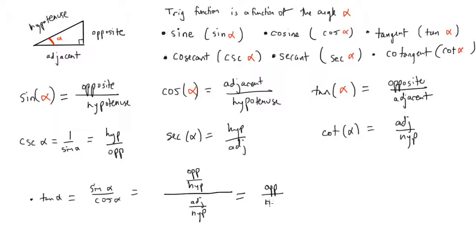So we flip the bottom one and multiply. And then you notice here that in the fraction we've got the hypotenuse both in the numerator and the denominator, so we can cancel that, and we get opposite over adjacent, which is exactly what we defined to be tangent. Okay, so this proves to us that tangent is in fact sine over cosine.